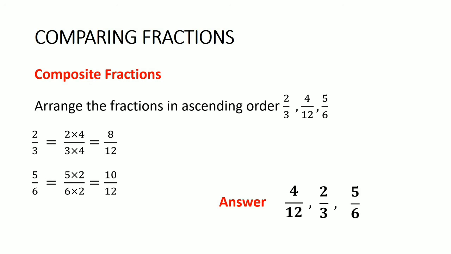Keeping in mind, we do not put the answer in the family, meaning 8/12 and 10/12, simply because these were not given in our original question. This, therefore, is how we will present our answer.